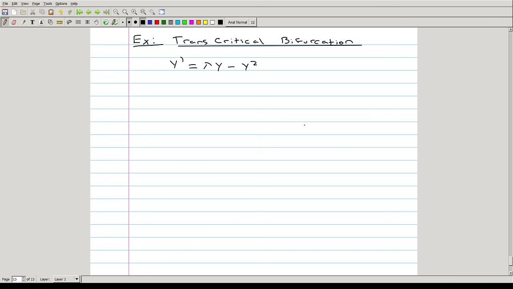And so this has equilibrium points when the function (lambda minus y) times y is equal to 0, which means that we'll always have two equilibrium values.